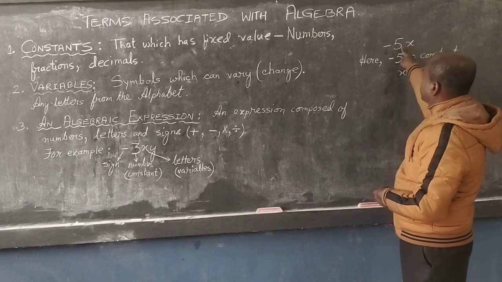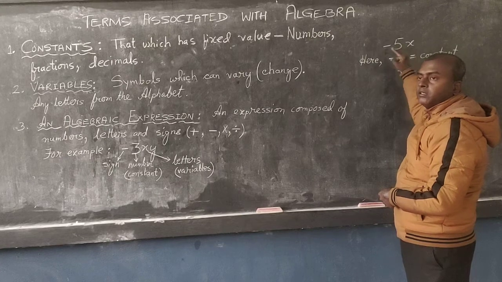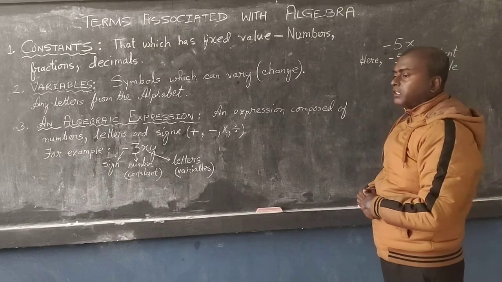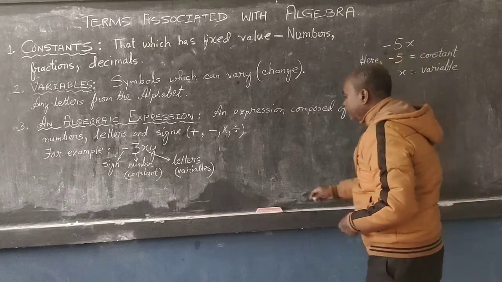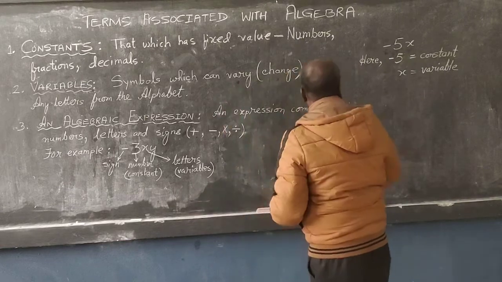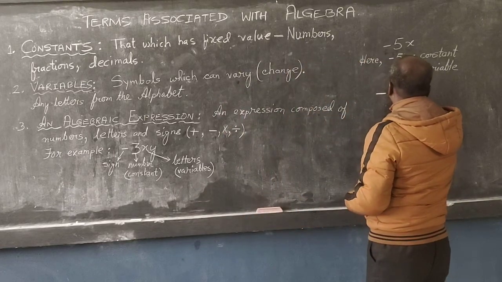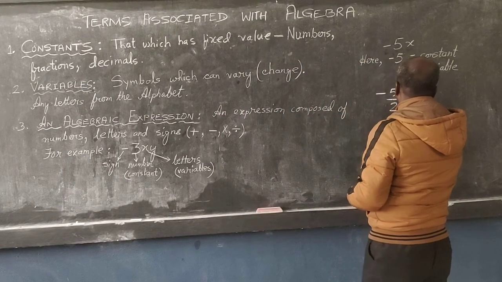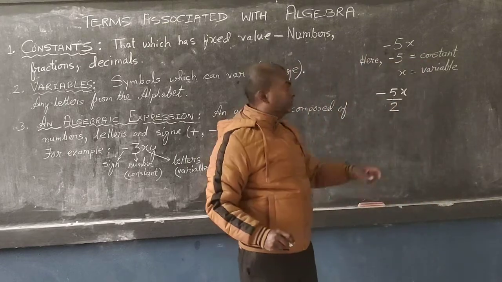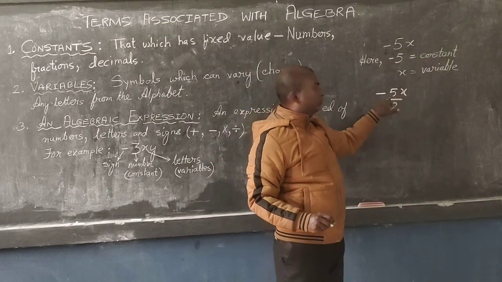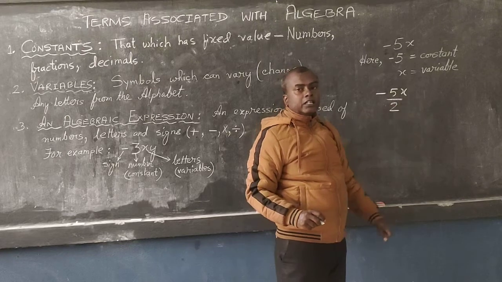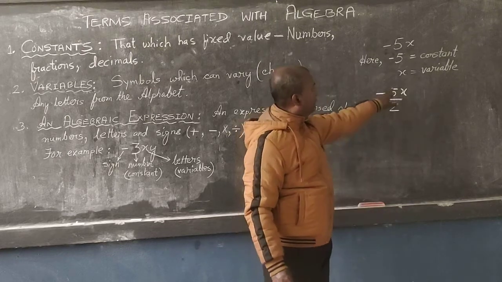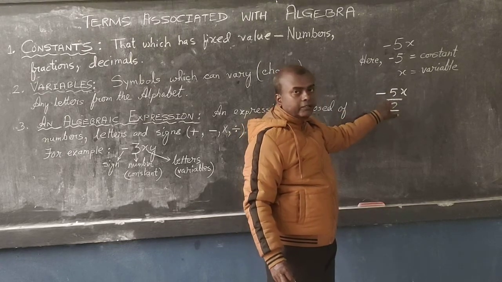What did I say? That if there is no sign in between, there is always a multiplication sign. Alright? You can have an expression like this also. Minus 5x by 2. So in this case, there is division also. See, this bar is actually division. Minus 5x divided by 2.